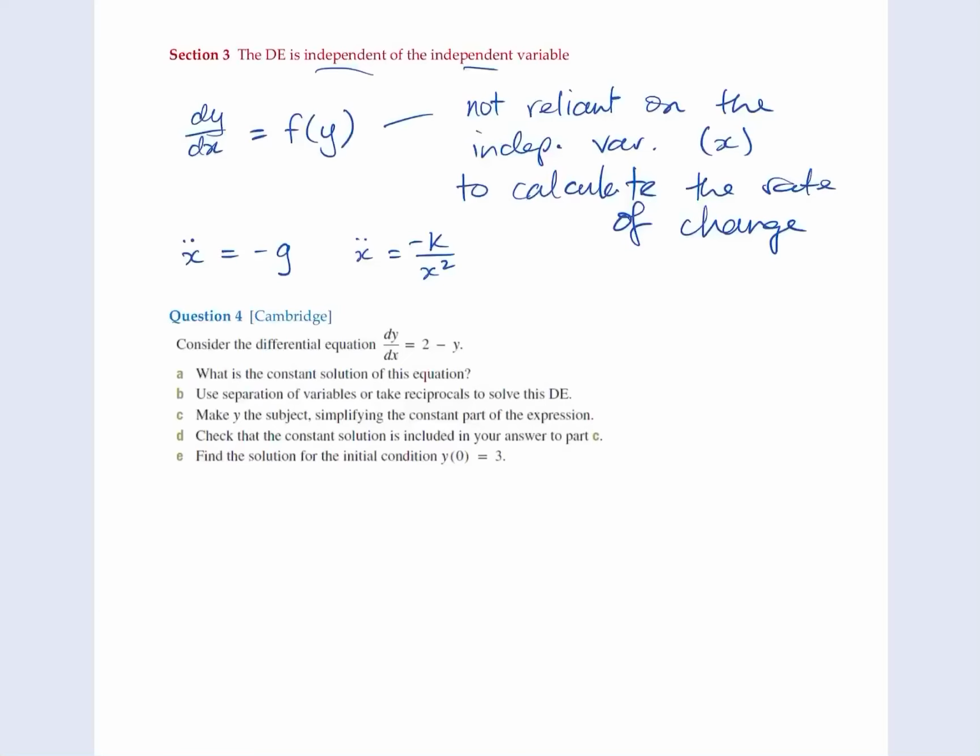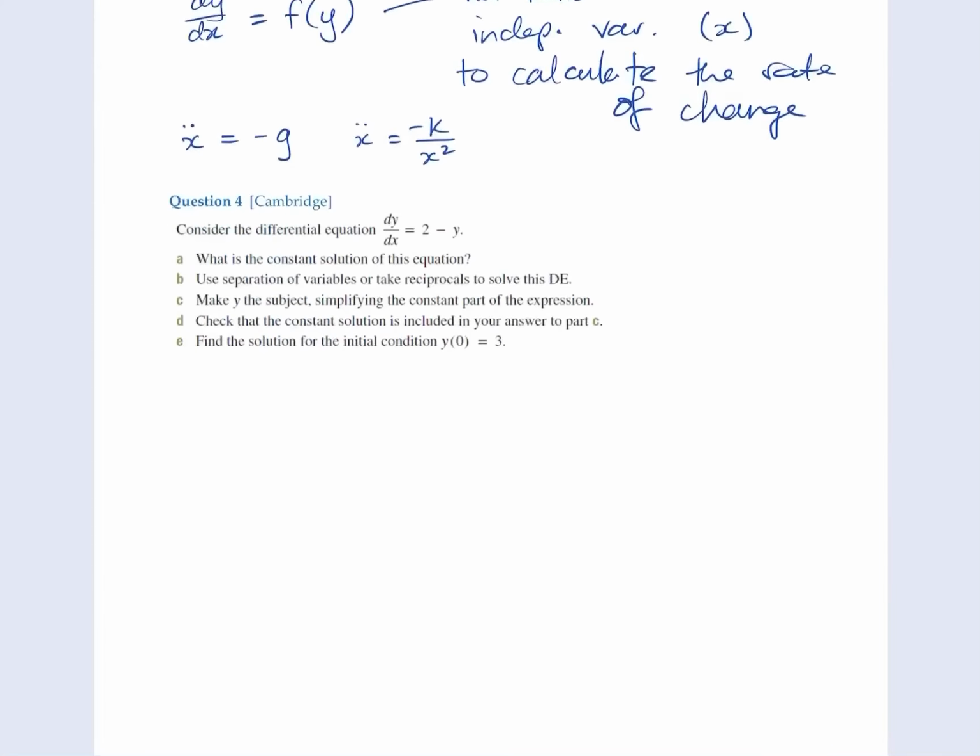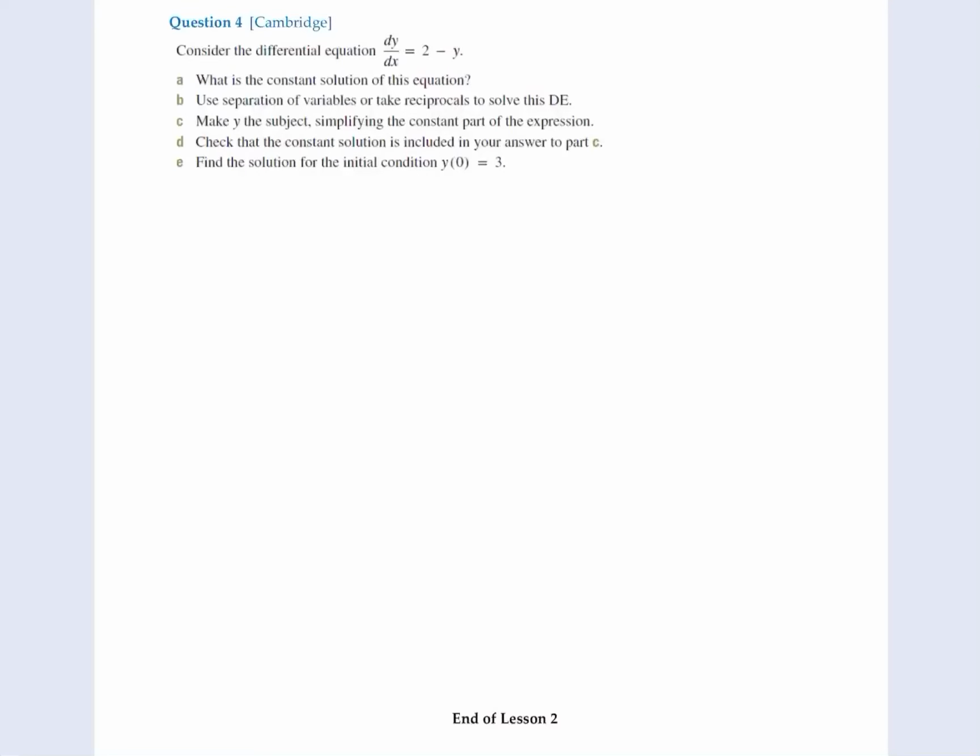Question 4 is here, not because it's difficult, but just because it's got more words. So I'd encourage you to pause and do this one yourself first. But I just want to make sure that we cover any vocabulary that we need. Consider the differential equation dy/dx equals 2 minus y.